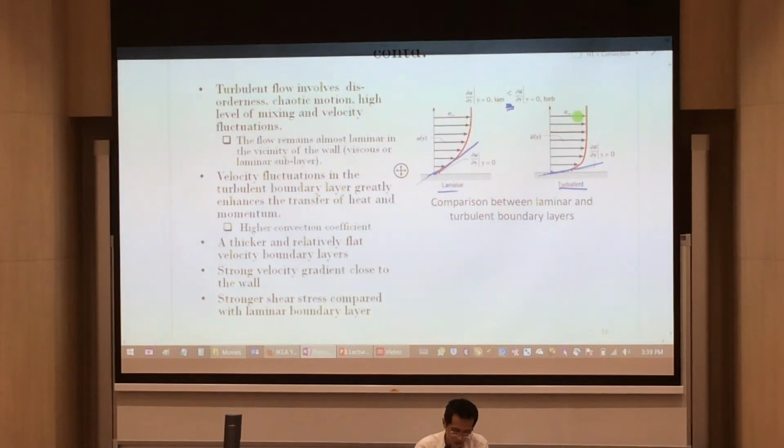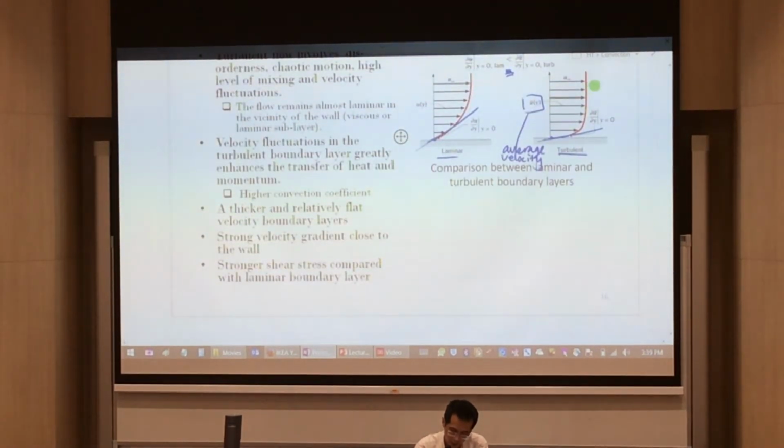So turbulent flow here is chaotic motion, high level of mixing, high level of velocity fluctuation. That's why you see that we take the average. This one is average velocity, represented with an over bar at the top. And the velocity fluctuation in the turbulent boundary layer greatly enhances this heat transfer.